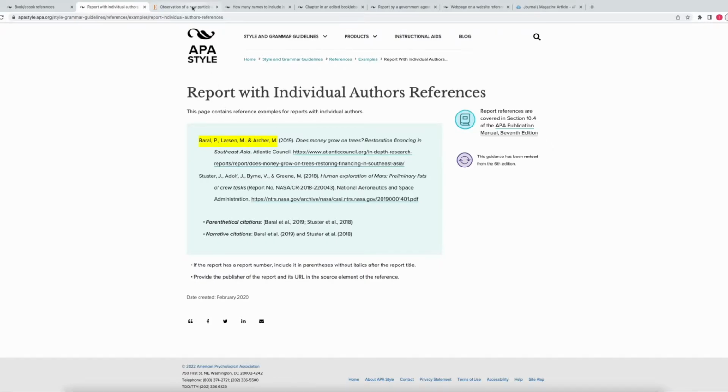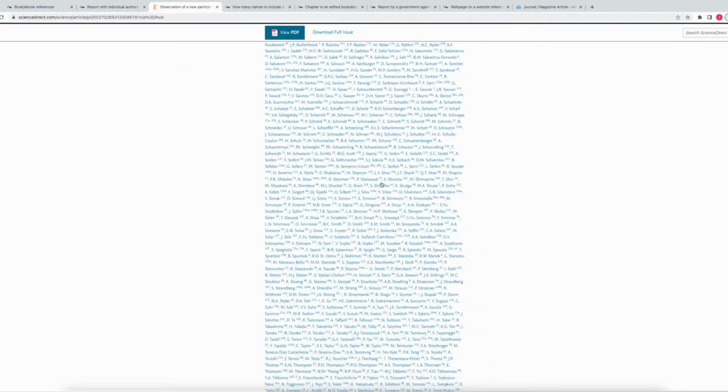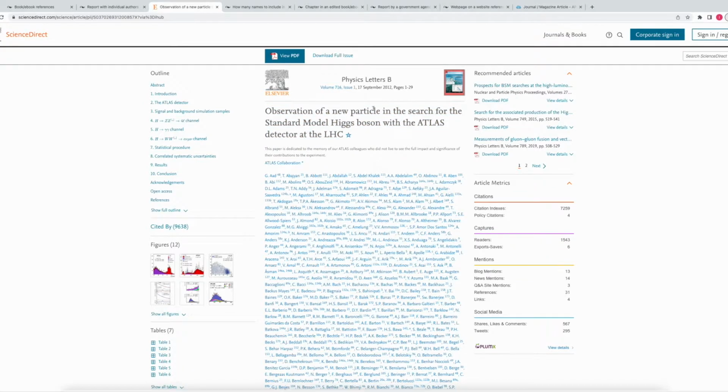Now, what happens if you have an article with lots and lots of people, like this one here? Well, there's a way to do that. This is an example of a journal article. And note, I'm clued in here that it's a journal article because I see this volume and issue appearing.